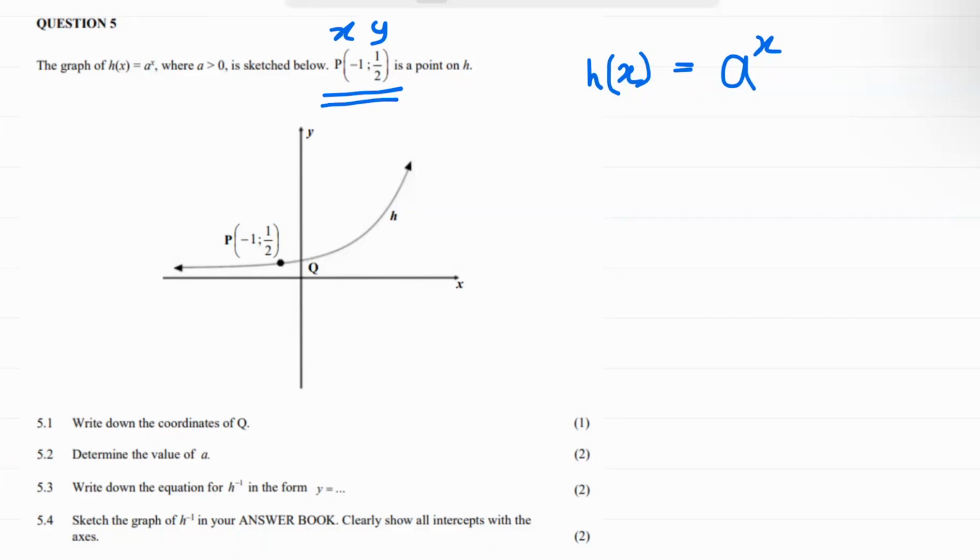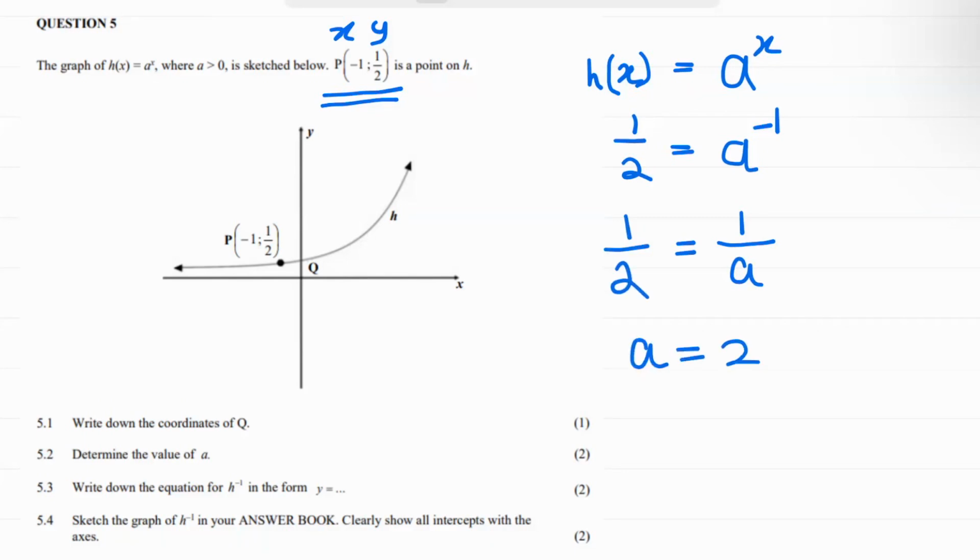I'm going to calculate the value of a by subbing in those coordinates. Now, x is -1, y is 1/2. Then a to the power of -1 can be written as 1 over a, right? And we can cross multiply to get a equal to 2, right?